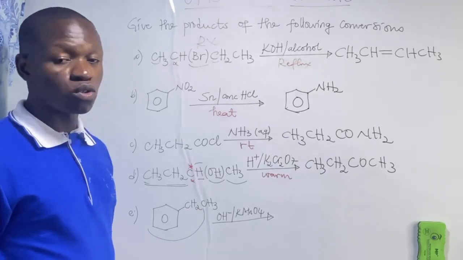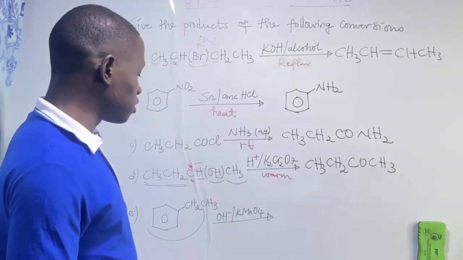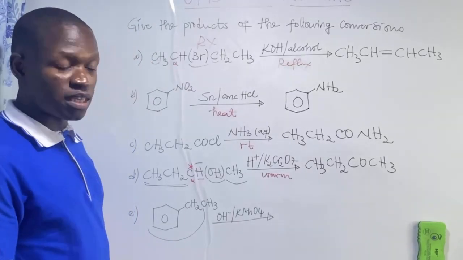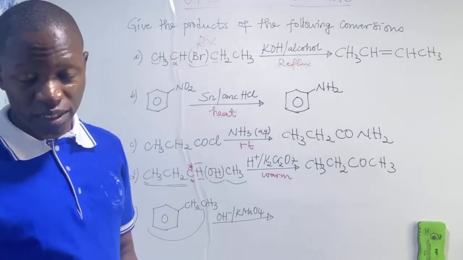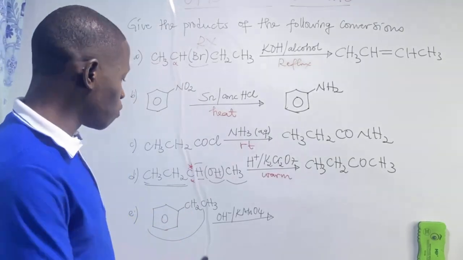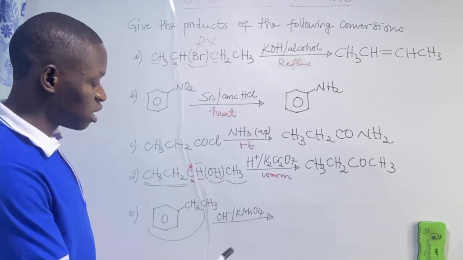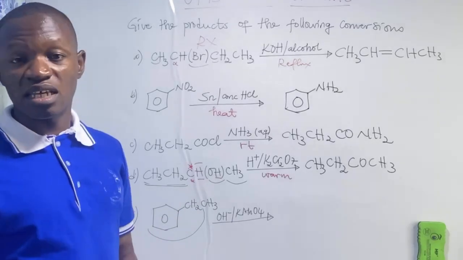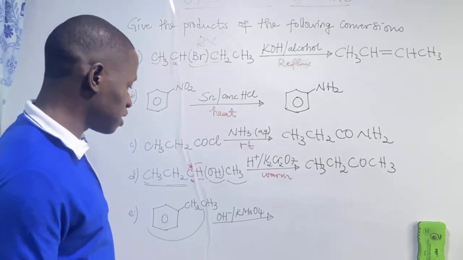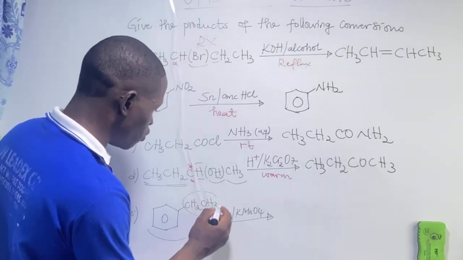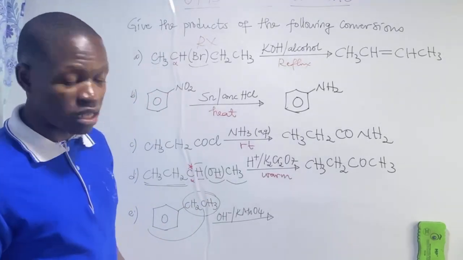This reaction converts any alkyl group on the aromatic side chain into a carboxylate, or into benzene carboxylic acid. So this group here will be changed into the carboxylate group.